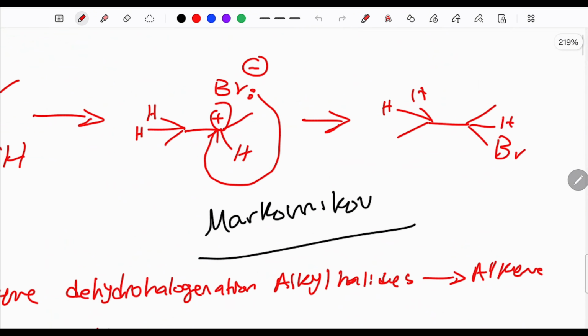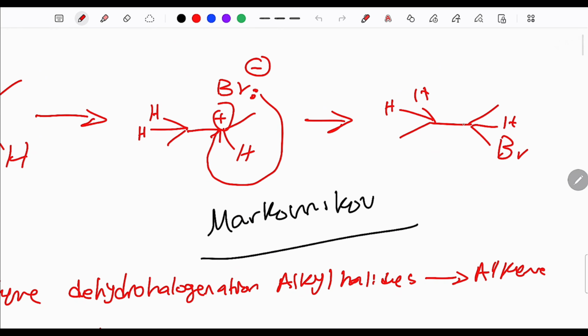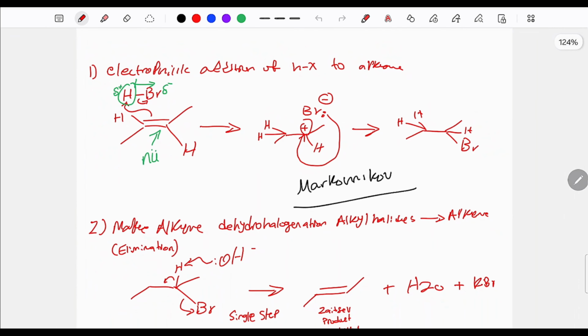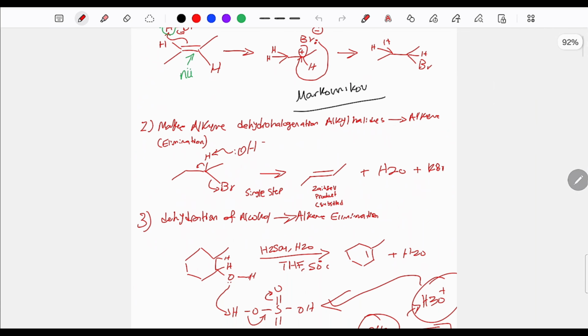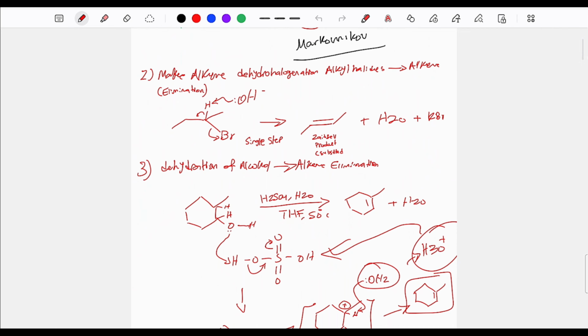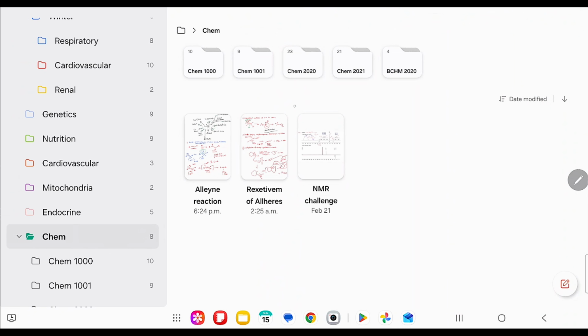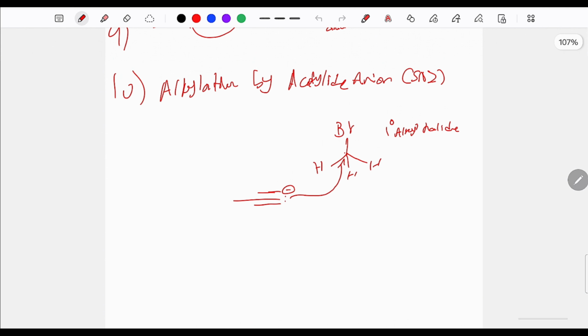In this case, that was a secondary alkyl halide, but we need a primary alkyl halide. That's important, because it is definitely required for an SN2 reaction.